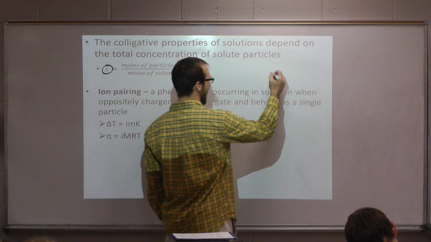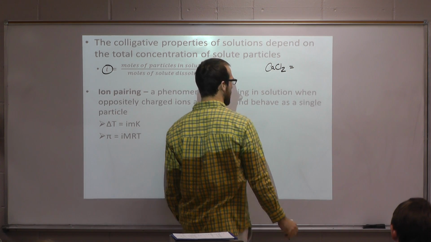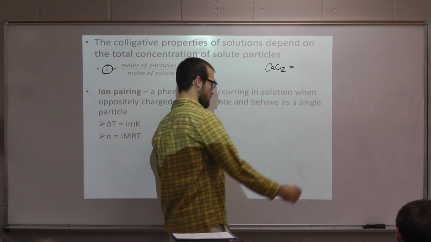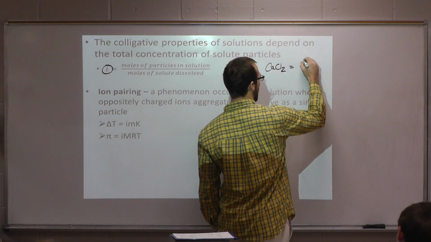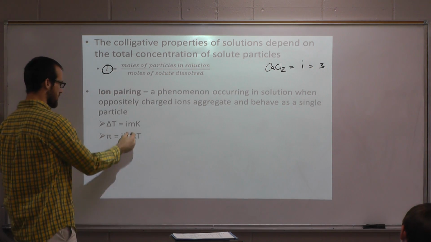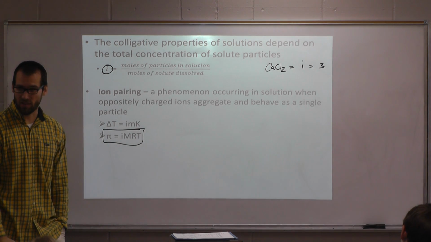So if I have CaCl2, it breaks up into how many particles? It breaks up into 3 particles, so i is 3. And they're going to put the i in front of this equation, which we've already dealt with, yes?